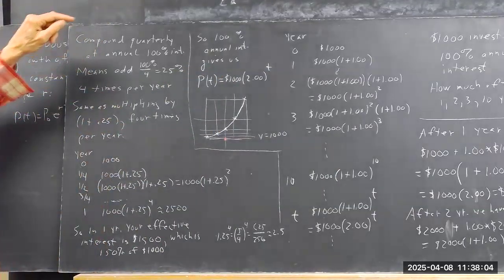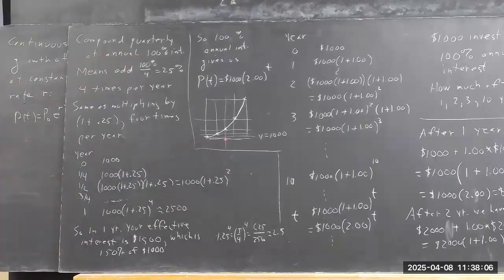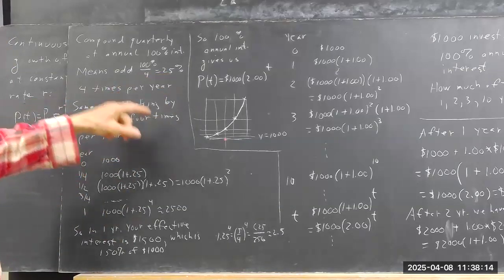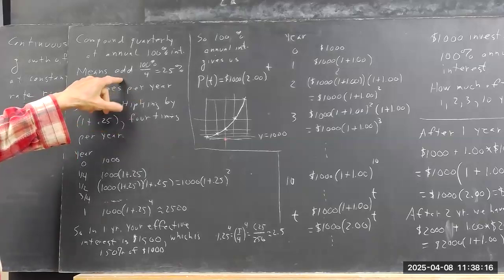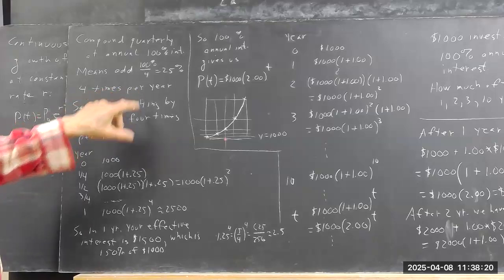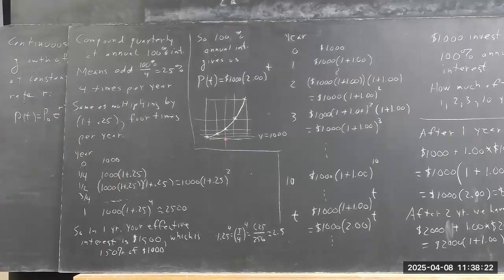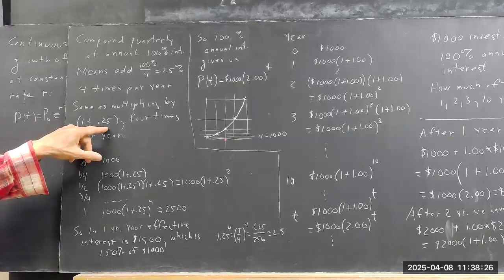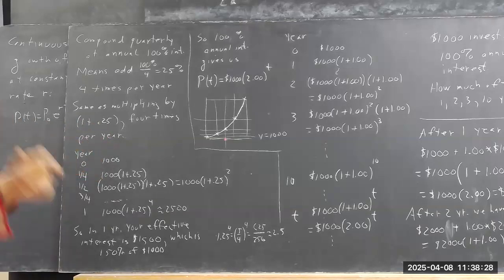If you compound quarterly at an annual 100% interest, how does that change? Well, 25% every compounding. And you do that 4 times per year. It means you add 25%, 100% over 4 times per year. And that's the same as multiplying by 1 plus 0.25 4 times a year.